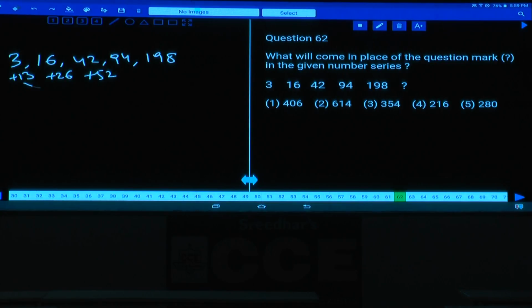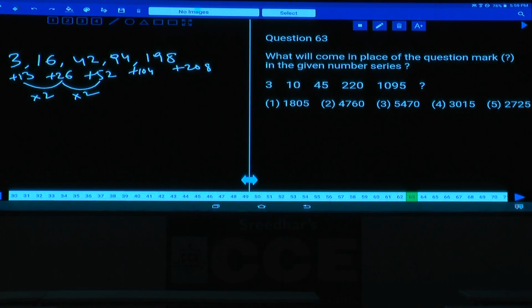And what are these numbers? 13 into 2 is 26 into 2, 52, and 52 into 2 is 104, and the next one 104 into 2 is how much? 208, and 208 plus 198. What is the number here? The last digit is 6, hence 406, that is choice 1. The difference between the numbers are 13 into 2, 26 into 2, 52 and so on. Question number 62.